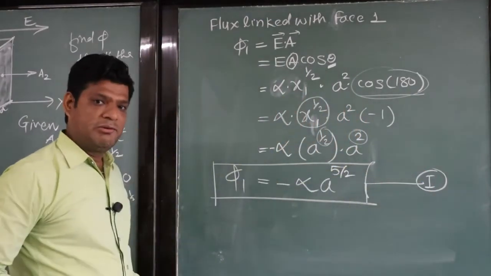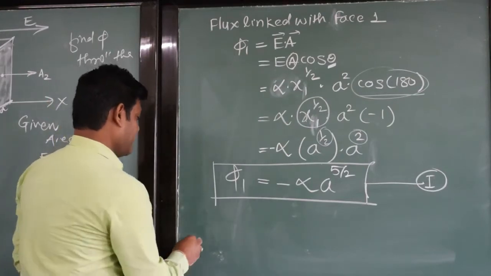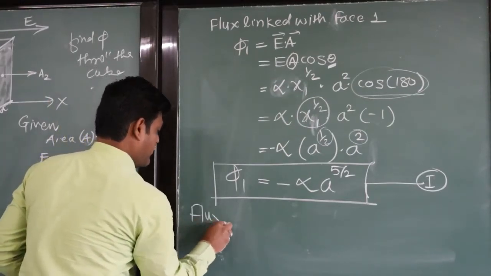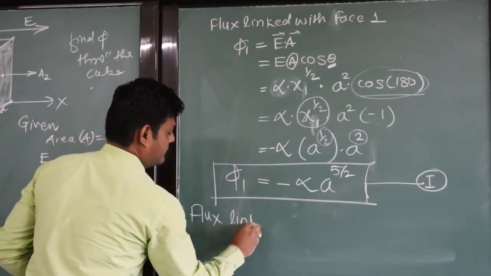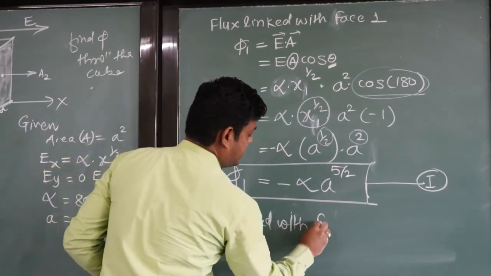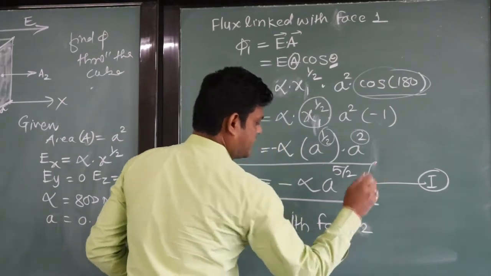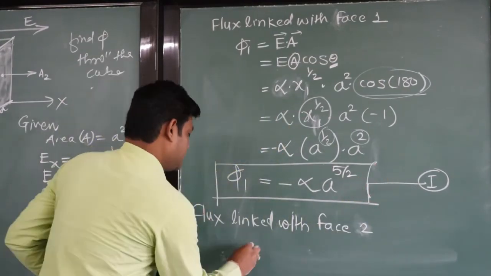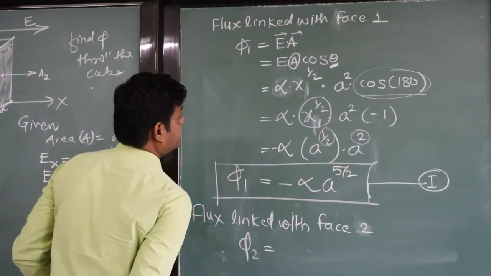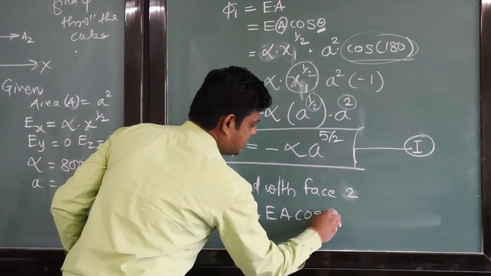Similarly, we are going to calculate the flux linked with face 2. Formula is phi2, right? Again E A cos theta.